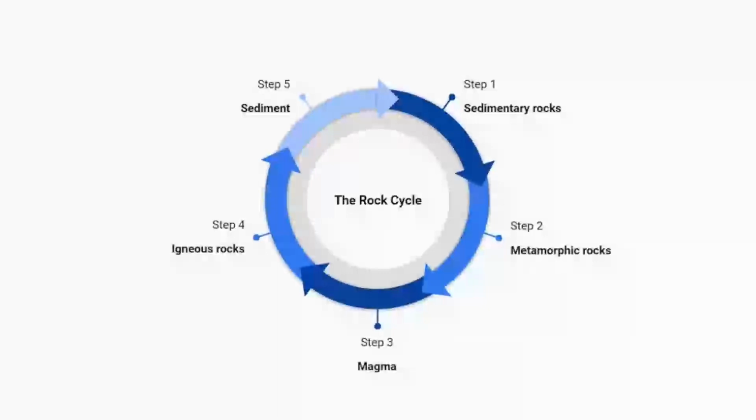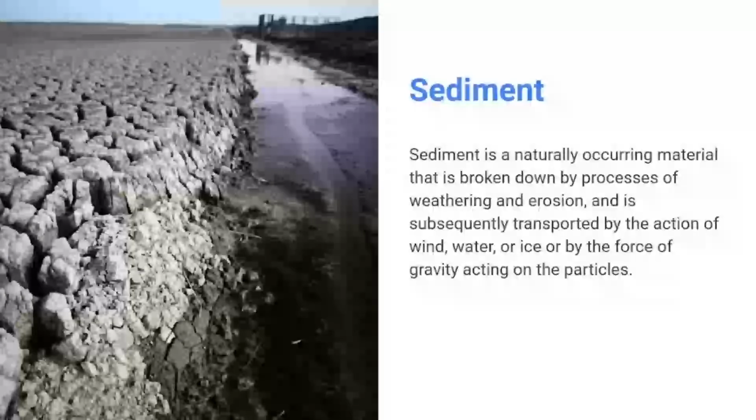And as in this picture of the rock cycle, you can see that step 4 is the formation of igneous rocks, and the igneous rocks get converted into sediments, and the sediments later on get converted into sedimentary rock. So this is the complete rock cycle.